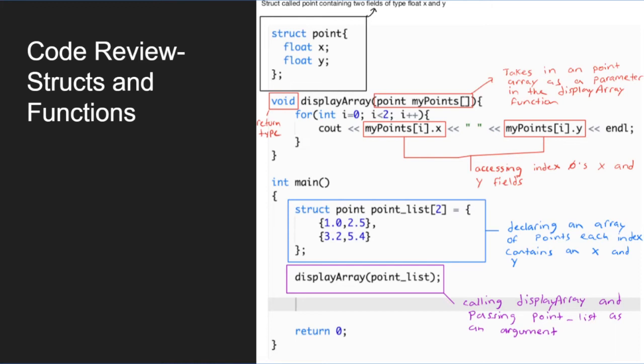And then why would you use a struct rather than just declaring the variables outside or inside main? So a structure just provides an easy and convenient way to get a variable that has multiple fields. So with the point, you can have a variable that has an x and a y.